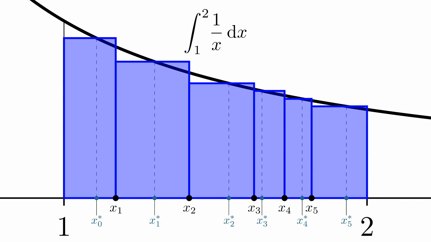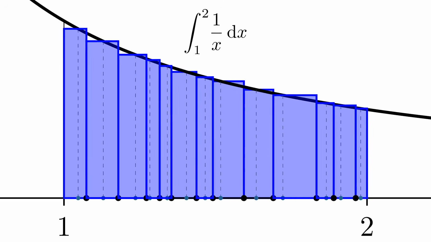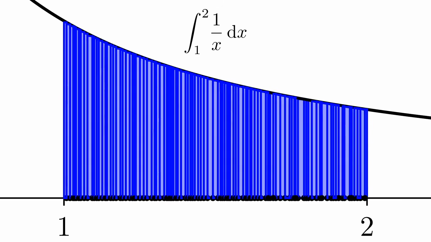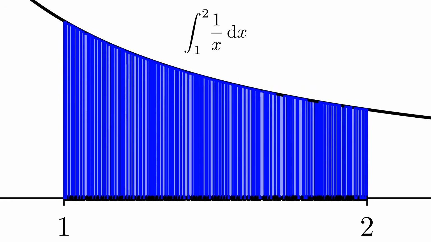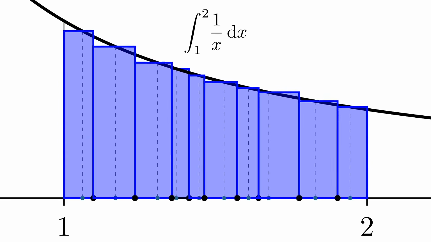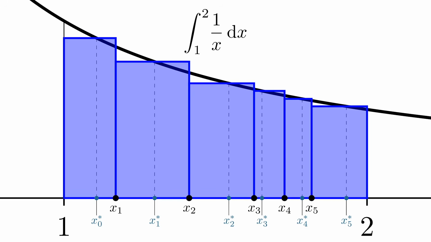In order to obtain the value of the integral, we have to take a fancy sort of limit as we shrink the length of each of these segments to 0. Let's rewind back to when there were n rectangles, and let's try and write out a formula for what the total area of those rectangles is.